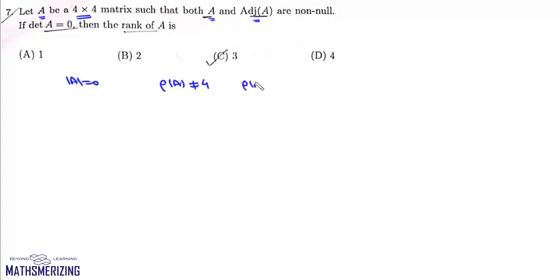That is, the rank of A should be 3 or less than 3. Now we are given that adjoint A is not a null matrix. It simply means there will be at least one minor which is non-zero, and it means that rank of A must be 3, and that's your option C.